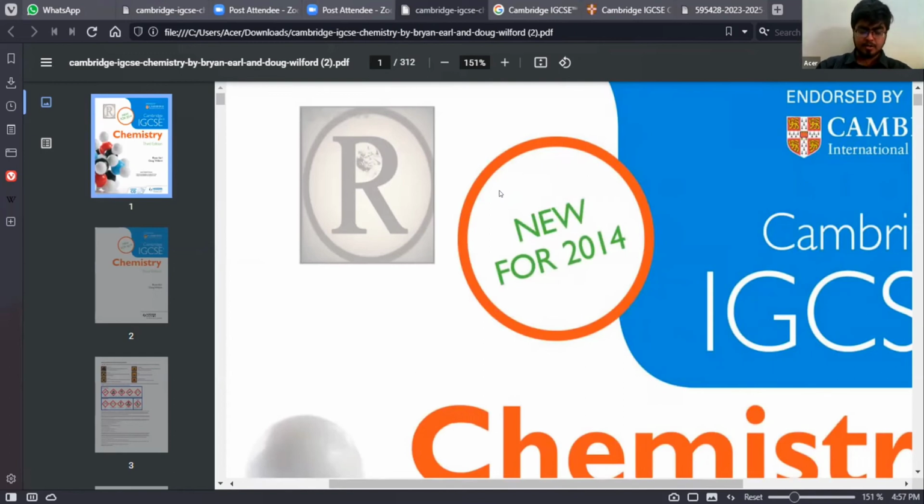Separation. Why do we separate products? Because we want them in different forms. In nature, generally, we have everything in a mixture. So to separate them, we use different kinds of separating techniques. Can you name a few of them right now?